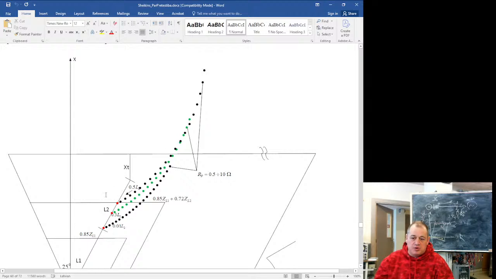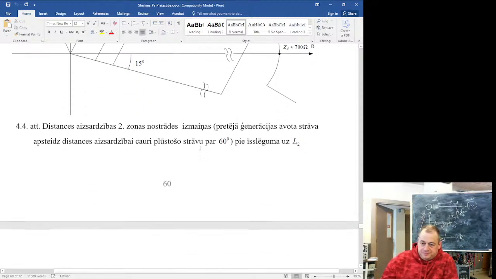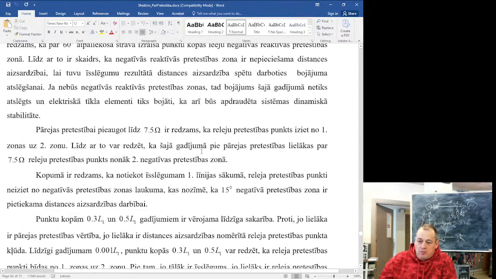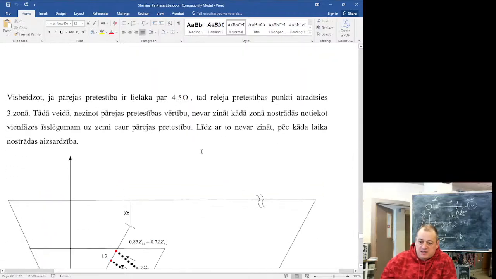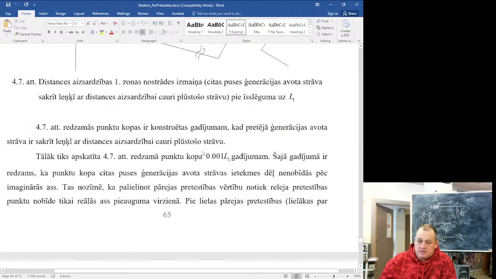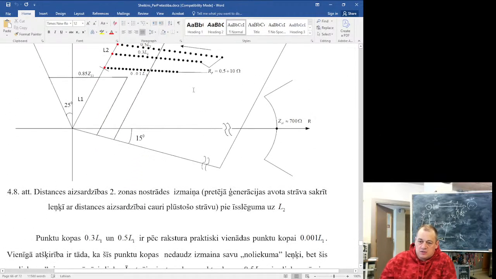System 1 imports energy from system 2. That's what will happen during the tree burnout. It's again a problem of distance protection. Okay, zero, near zero transfer angle.